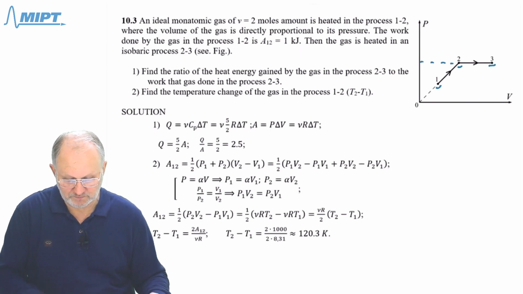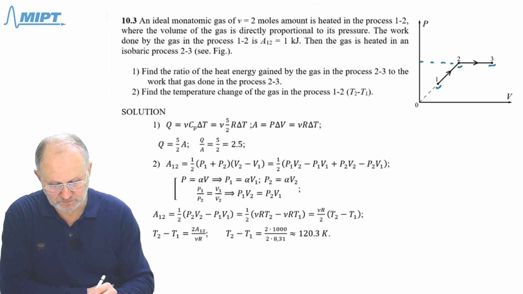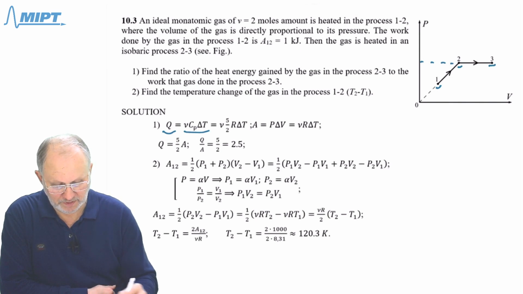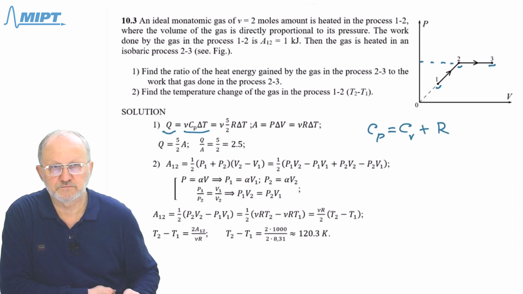To solve the problem, we use the expression relating the heat energy required to increase the temperature of the gas by delta T under constant pressure. In order to calculate, according to this formula, we have to remember that the heat capacity under constant pressure equals the heat capacity under constant volume plus universal gas constant.